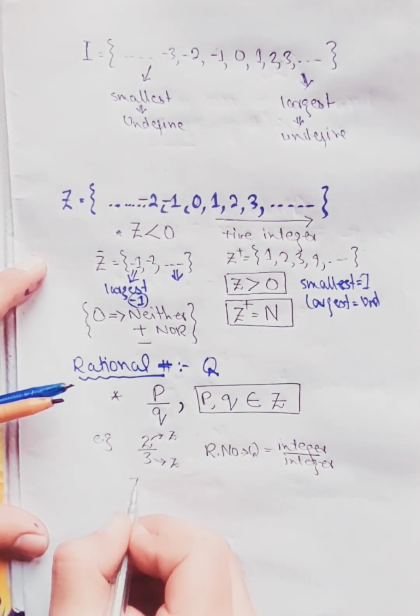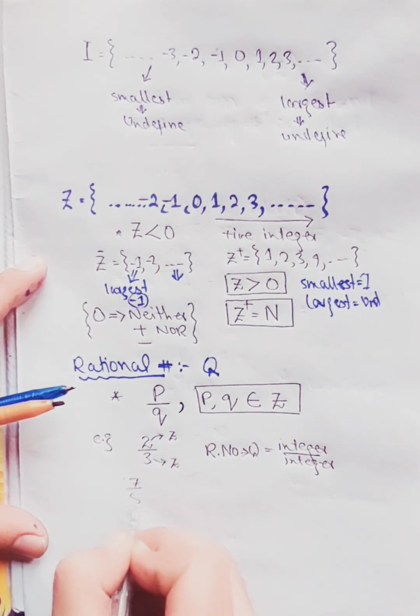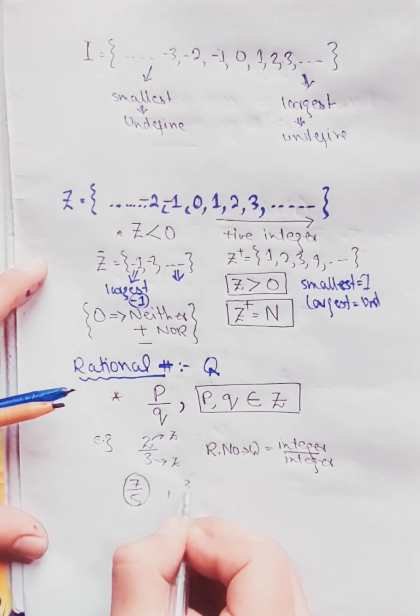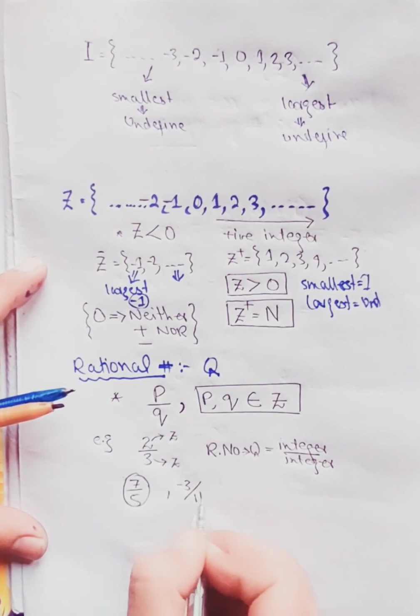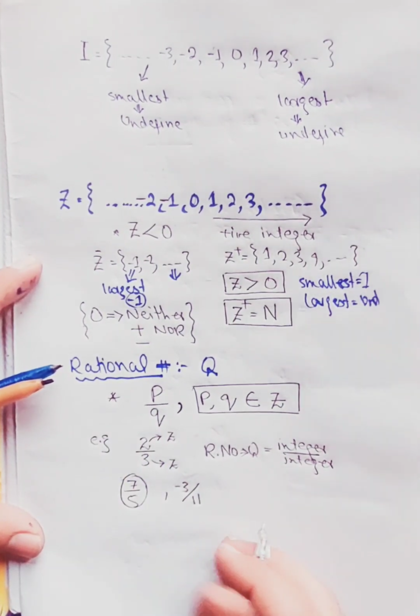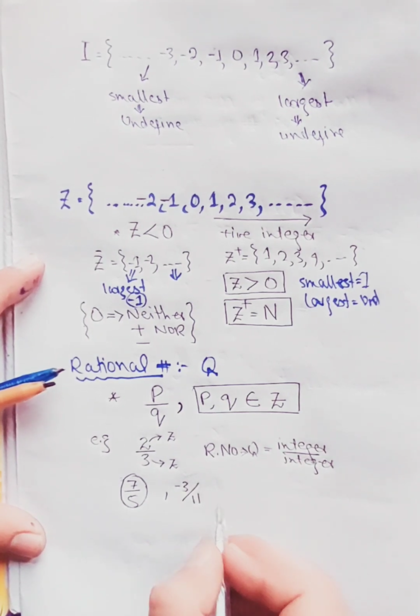Let me take one example. 7 by 5, this is a rational number. -3/11 is rational, because the top is an integer and the bottom is an integer, so integer by integer is basically equal to a rational number.